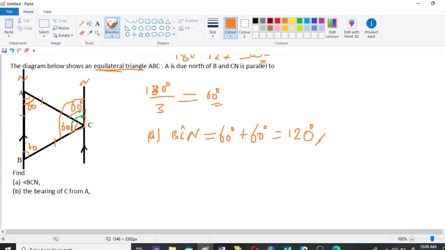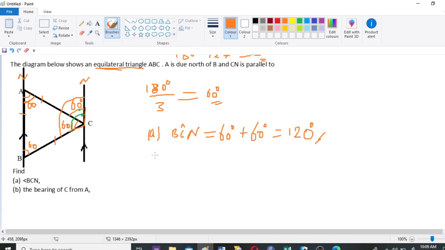So let's go to our B. In the B question, we are asked to calculate the bearing of C from A. So we are at A again. This A is our initial position.